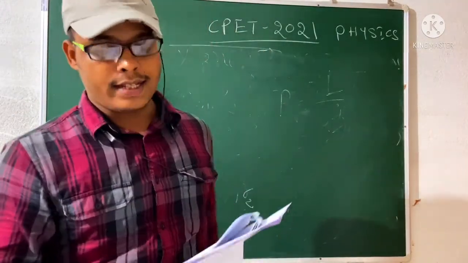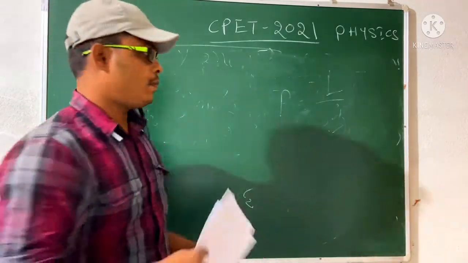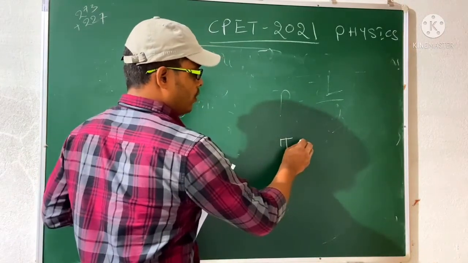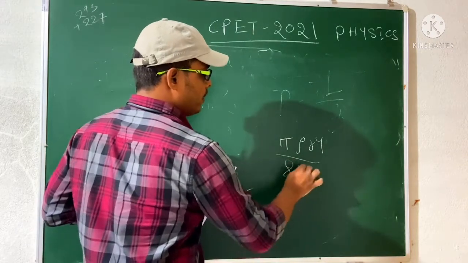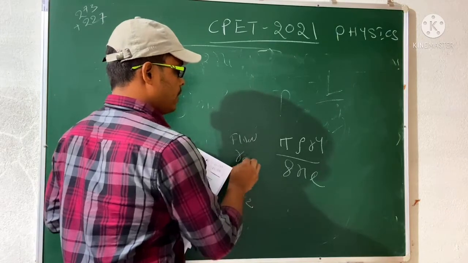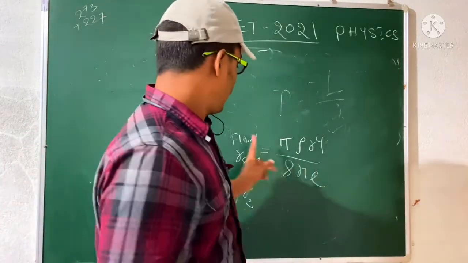So question number 22 is answer C, because the flow rate is pi rho r to the power 4 by 8 eta L, something like that. This is the flow rate equation. Try to remember the flow rate equation in a capillary tube.